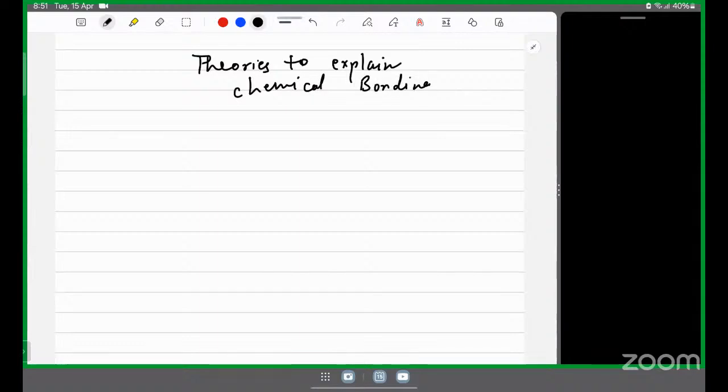There are lots of theories. First one, the basic, simplest possible theory which is given to explain a chemical bond, is the Lewis-Kossel theory or Lewis-Kossel approach, which is also known as the octet rule.